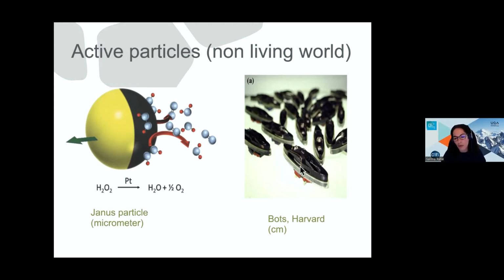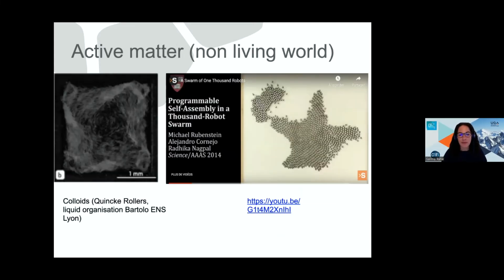Or, more macroscopically, those bots that are also used to model active matter at the centimeter scale. And in those systems, again, some collective motion can be observed, some patterning in colloids here, in Quincke rollers on the left, or with those bots, you can see a flocking of those robots.